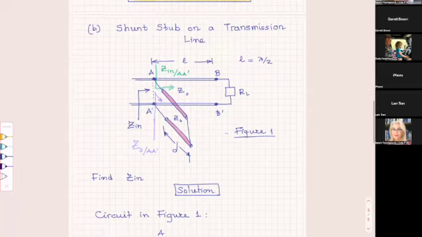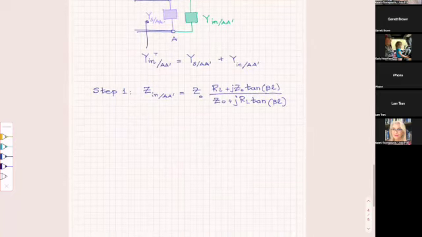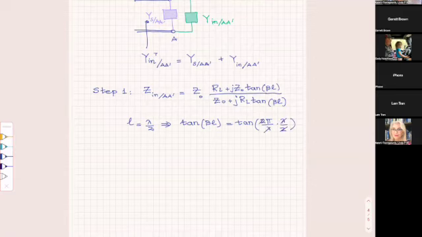In this case, tangent beta L equals tangent of 2 pi over lambda times lambda over 2, and therefore it becomes tangent of pi, which is sine pi over cosine pi. How much is that? 0.